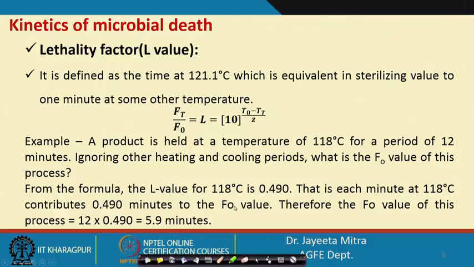F0 value means the processing if it is done at 121 degree Celsius. Therefore, the F0 value of this process will be 12 into 0.490, that is 5.9 minutes. So, if this product is held at 118 degree for 12 minutes, and if we want to do the same destruction of microbes at 121 degree Celsius, our reference temperature on the Celsius scale, we need 5.9 minutes.